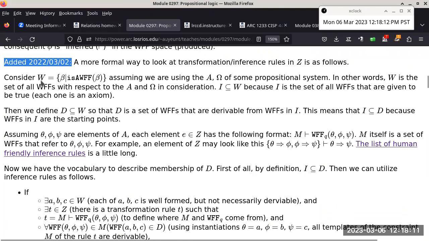So we define a set W, where each thing beta is a WFF, and that's all. In other words, W as a set is a set of all the well-formed formulae.